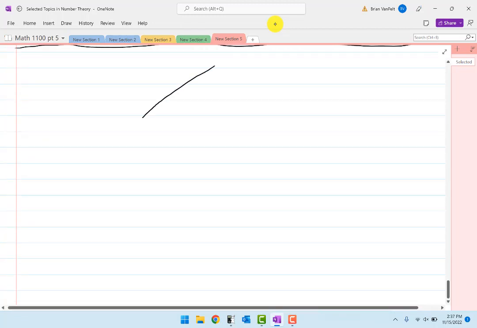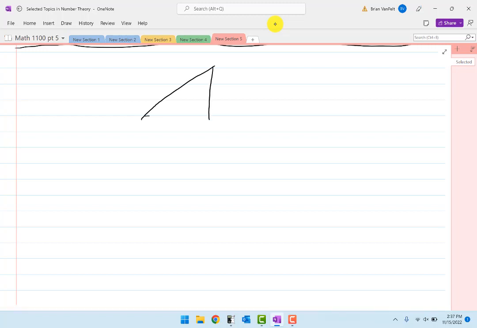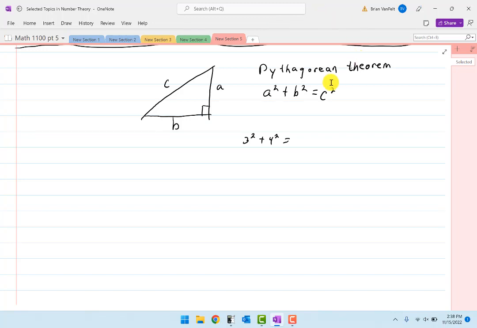We are familiar, most all of us, even if we have never had the subject in school, with the Pythagorean theorem. So this is known as the Pythagorean theorem. And we have lots of numbers that will satisfy these things. Like if I do 3 squared plus 4 squared, that's 9 plus 16, which equals 25.